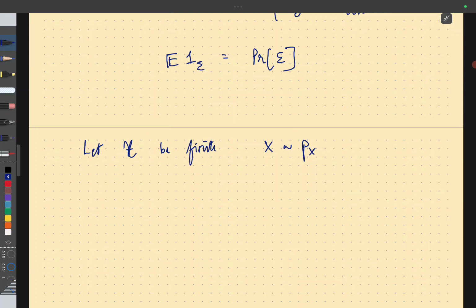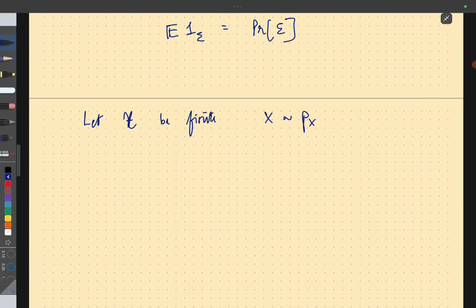Again, I'll be using this notation X tilde Px to denote that X is distributed according to the probability law Px.